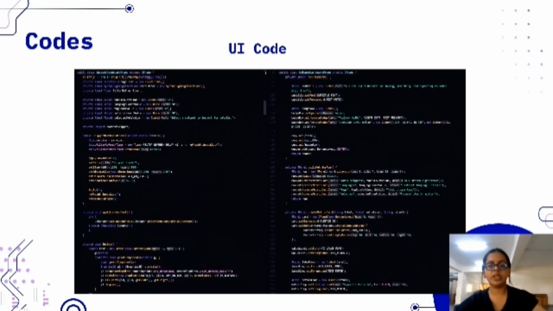So here we have the UI code, as you can see on the screen. The UI is built using Java Swing in the snippet dashboard frame class, and it represents the main dashboard of the application. The layout is divided into three main sections: a header, a library panel on the left, and an editor panel on the right.